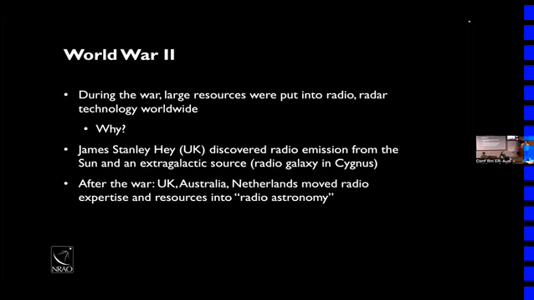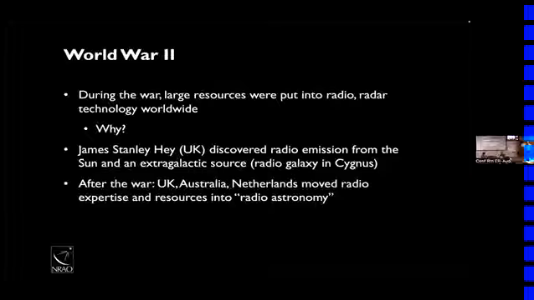So the really kind of explosion of radio astronomy as a form of astronomical pursuit really gained a lot of speed after the war. An astronomer named James Stanley Hey discovered radio emission from the sun, first time, right?